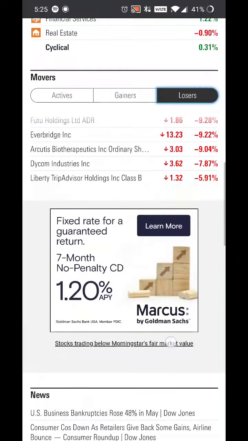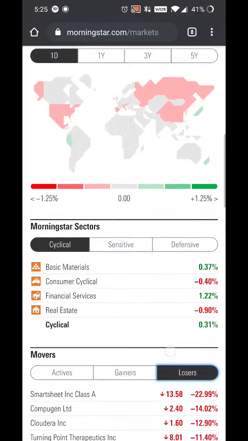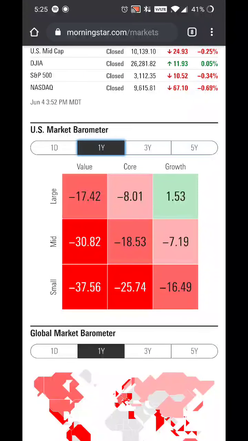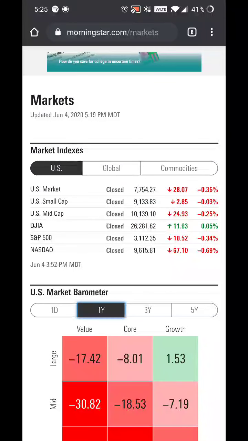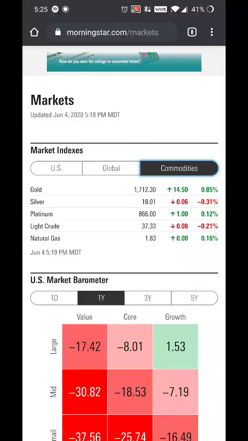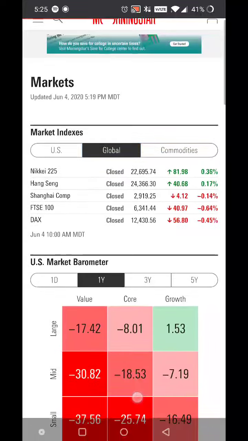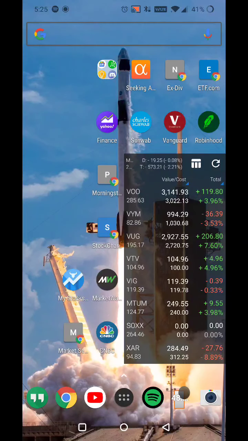So I used to use this regularly before. Markets just got crazy and it wasn't even worth watching. It's so wild. It'll drive you crazy. You can see gold and platinum and silver and the international stuff. So that's pretty much it.